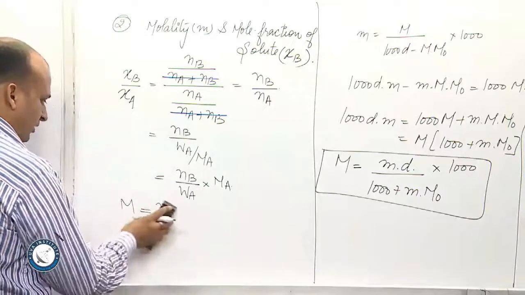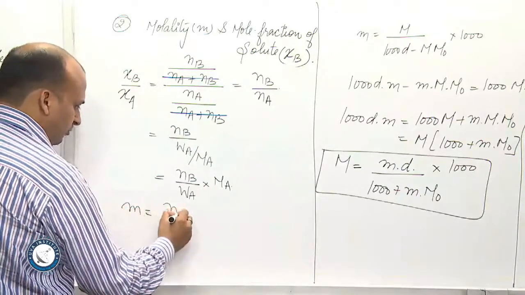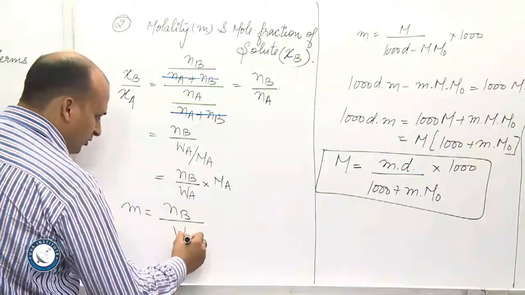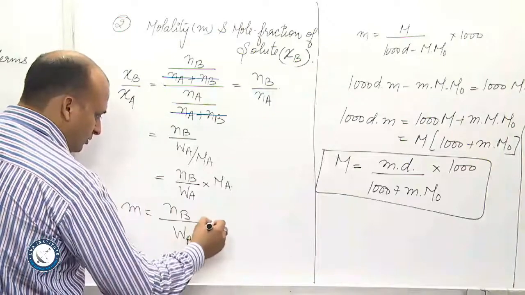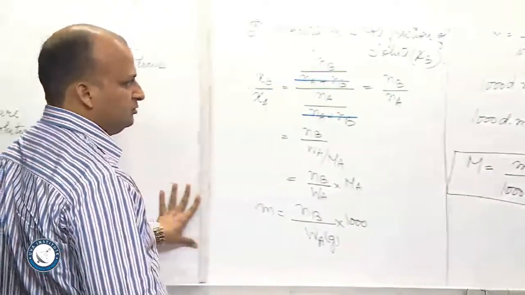Now what is molality? Sorry, I have written capital M, it should be small m. Molality should be nB by WA in grams multiplied by 1000.